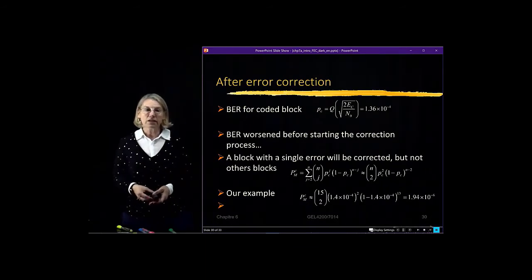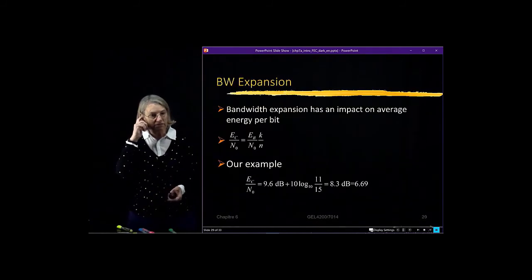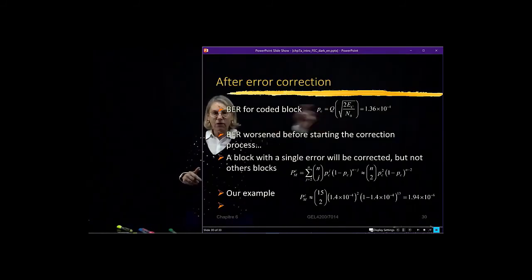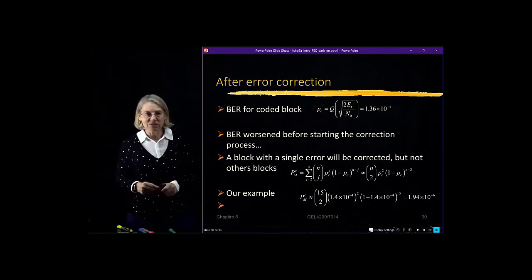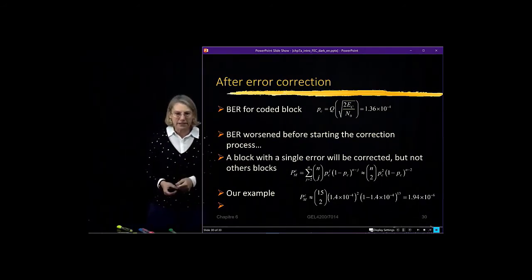So for the coded block, for that value now of 8.3 dB, I calculate the probability of error, and now it's something like 1.3 times 10 to the minus 4 instead of 10 to the minus 5. So before I do any correction, the bit error rate actually is getting worse because I have to spread out my energy across more bits.